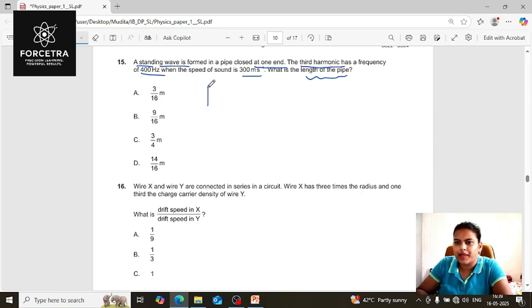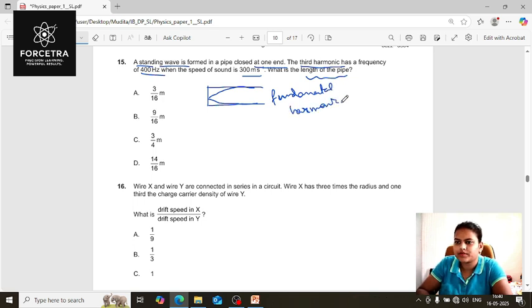So when the pipe is closed from one end, this is the fundamental or first harmonic, and the next one, which we call the third harmonic because there is no second harmonic. So this is the third harmonic wave. This is your third harmonic.